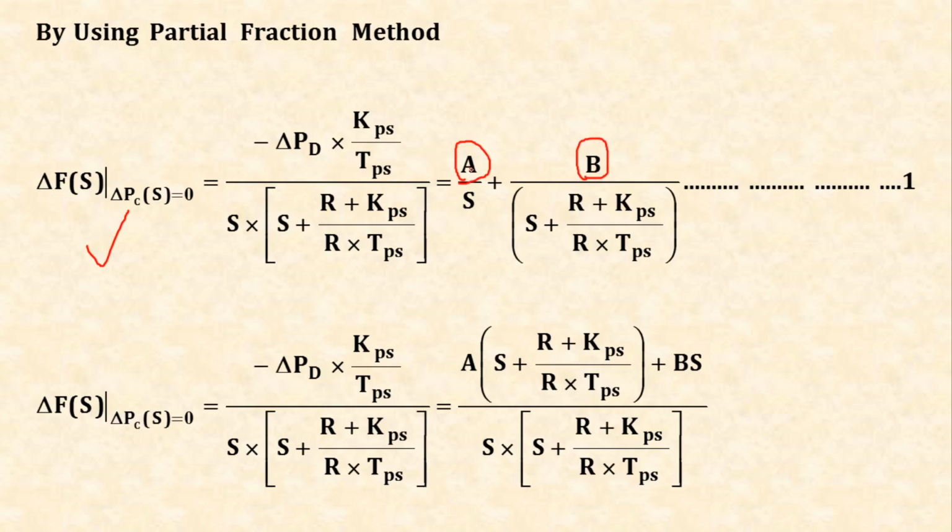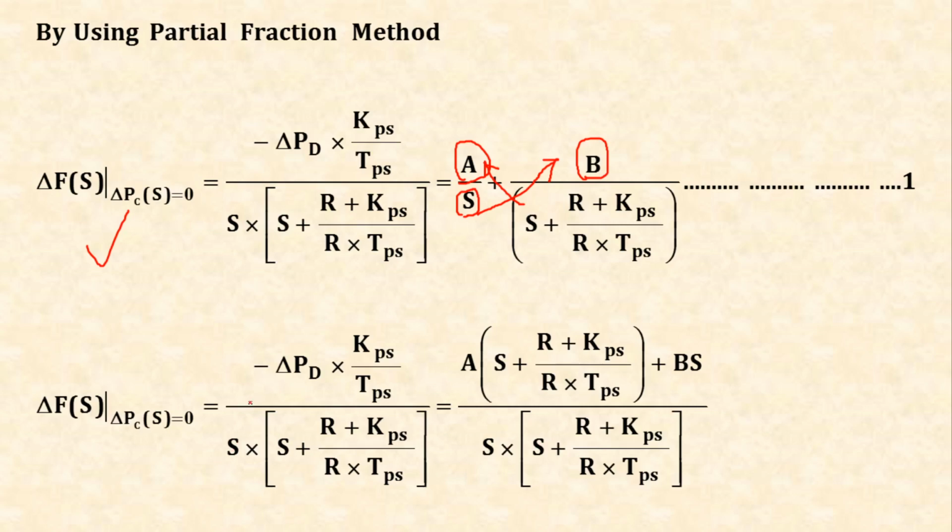So again in this equation I will take the LCM of s into s plus r plus Kps upon r into Tps. So I will multiply this denominator with A and this denominator with B. So A into s plus r plus Kps upon r into Tps plus B into s.